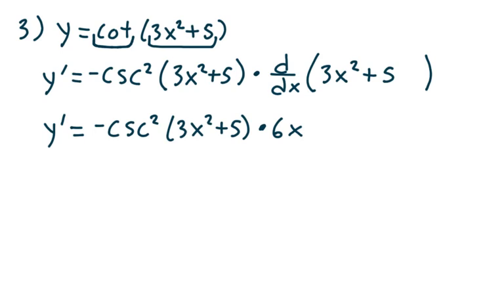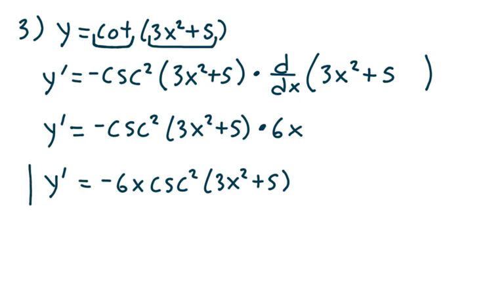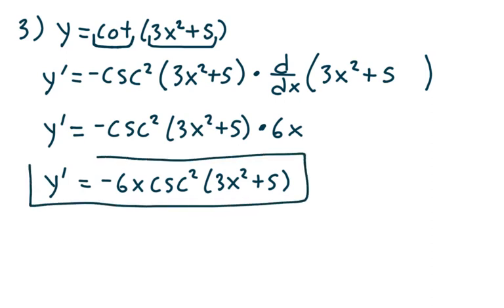And then I can write this as negative 6x cosecant squared of 3x squared plus 5. And again, this is y prime. So I'm going to stick to a chain rule theme mostly. And with that, let's take a look at this one.